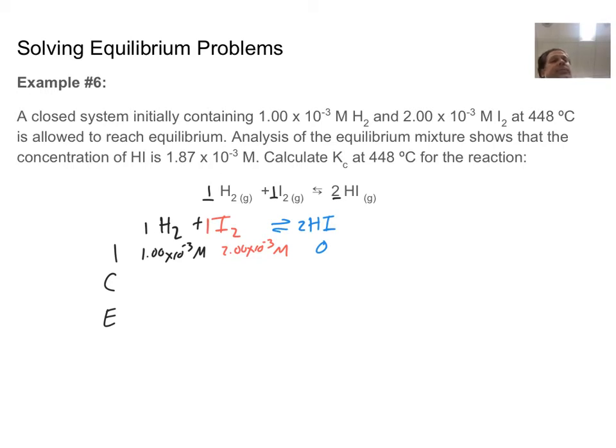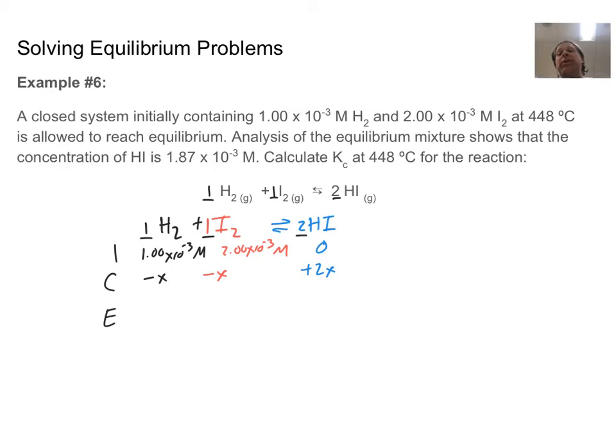Now, the change is just like we did with stoichiometry: it's going to be minus the coefficients. So this will be minus x, this will be minus x, and this will be plus 2x.